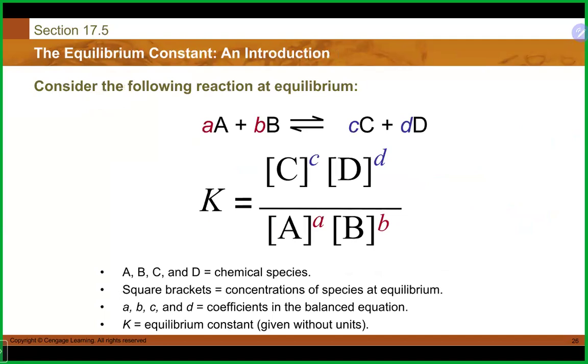Now, speaking of equilibrium and these types of reactions, there is a relationship that is used with equilibrium reactions. We've actually seen this relationship before when we talked about Kw, which is the equilibrium constant for water. This is capital K, which is the equilibrium constant.